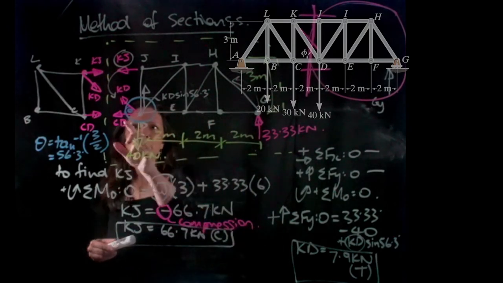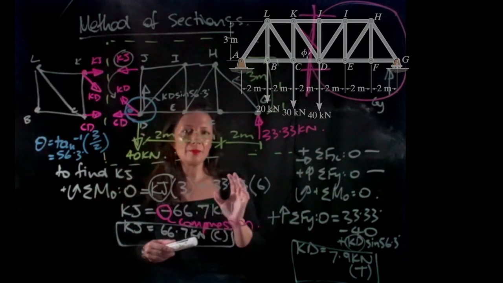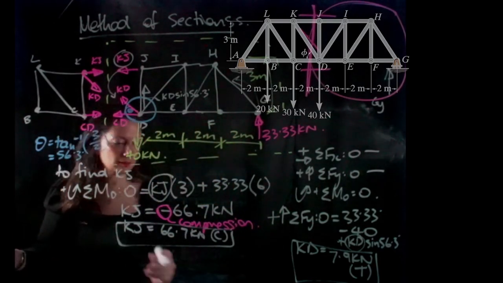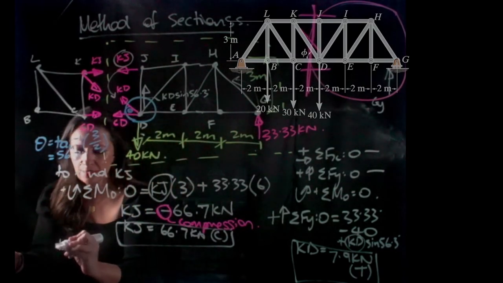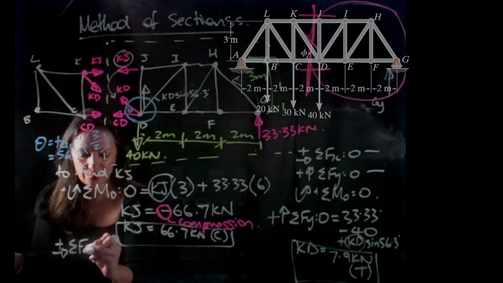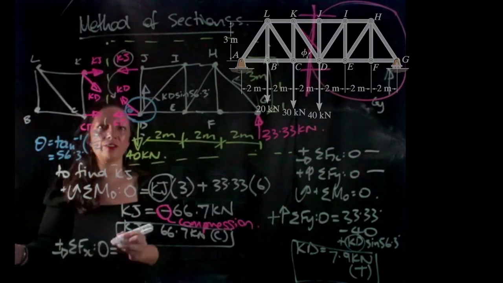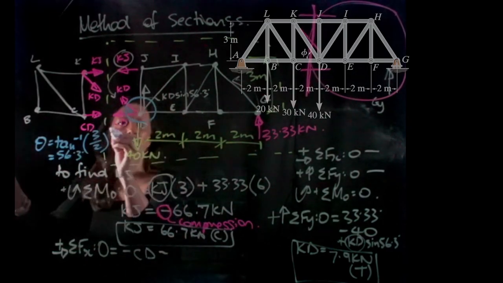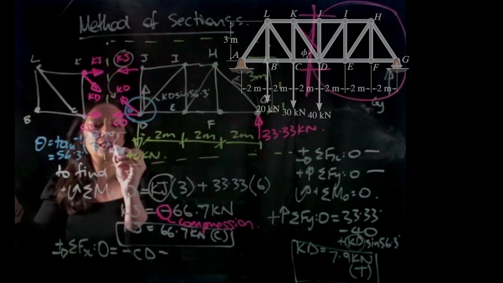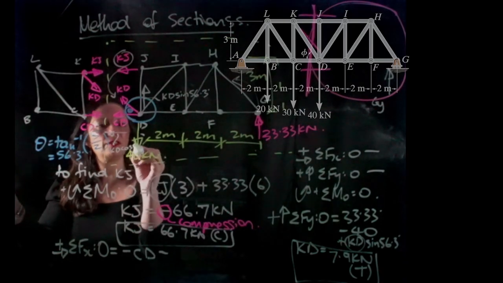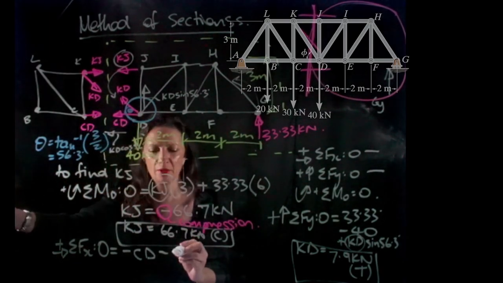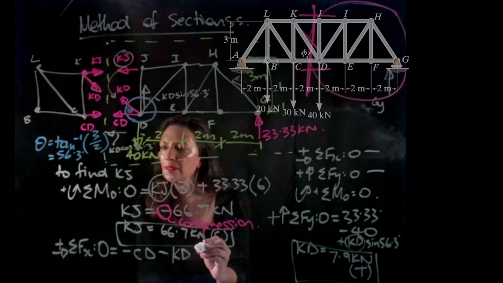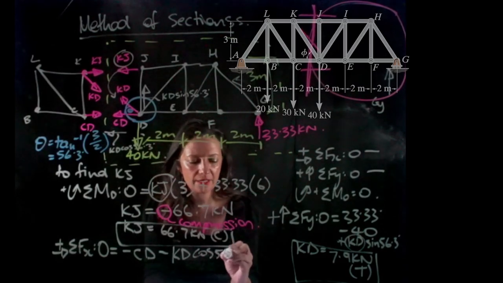So now, if I want to find CD, I should be able to sum all the forces in the x direction. So the sum of the forces in the x direction has to equal 0. And what do we have in the x direction? We have negative CD, minus the x component here of KD, cos 56.3 degrees. So minus KD cos 56.3.